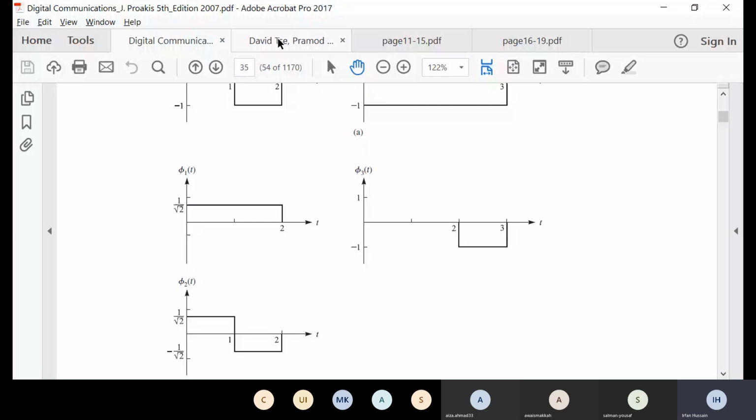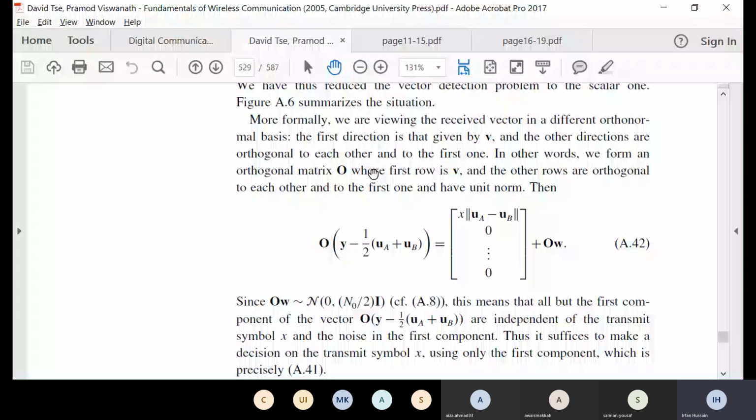So in other words, if I use an orthogonal matrix where the first row is V, all other rows are orthogonal directions, not only orthogonal to V but orthogonal to one another. All right, so they are all orthonormal bases.